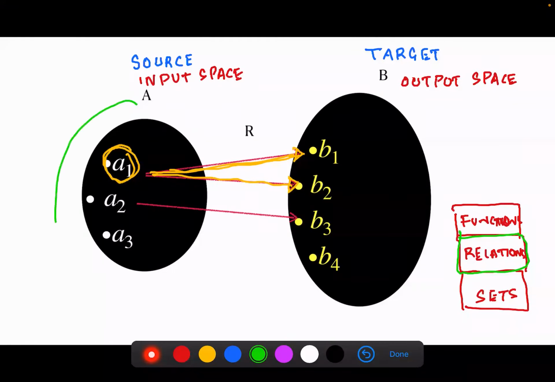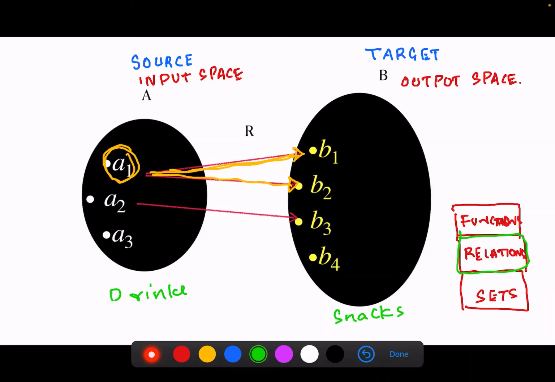So you have set A and set B. Remember I gave that example that set A could include the drinks that you prefer, and set B could be the snack items that you have along with the drinks.